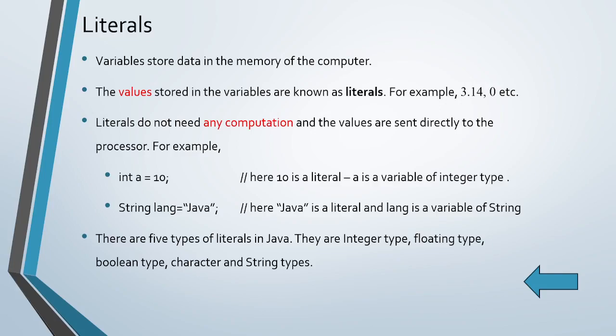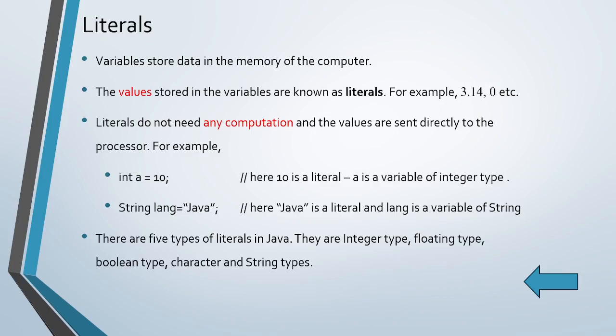For example, int a = 10. There are 4 parts and a semicolon, which is the separator ending the statement. Int is a data type, a is a variable, equals to is an operator, and 10 is the literal.